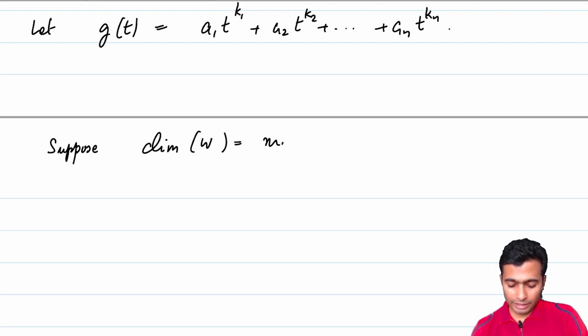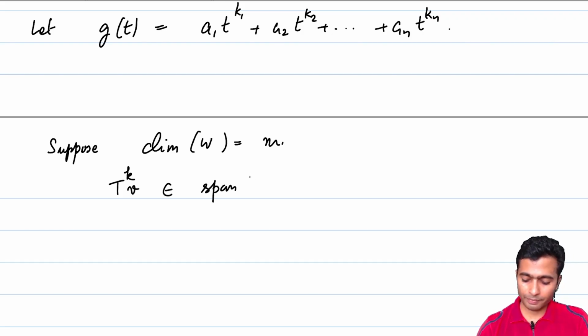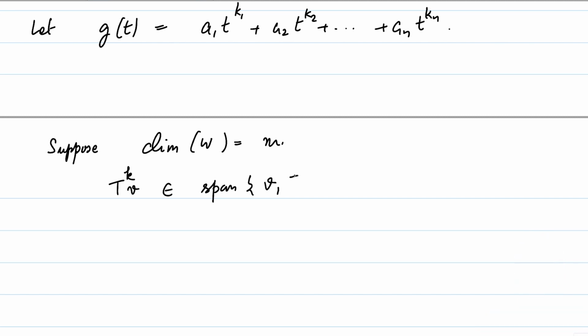My first claim is that T to the power k V belongs to the span of V, TV, up to T^m V. Let me put it as m plus 1 so that I don't have to worry about keeping this m minus 1 at the top. For all k greater than or equal to m plus 1. So this is my first claim.